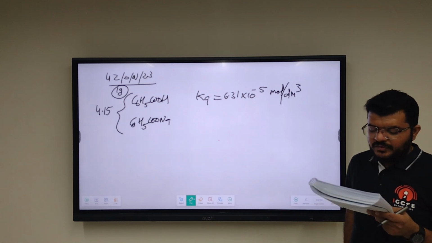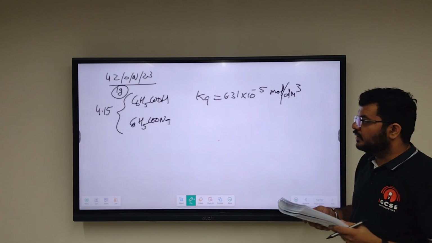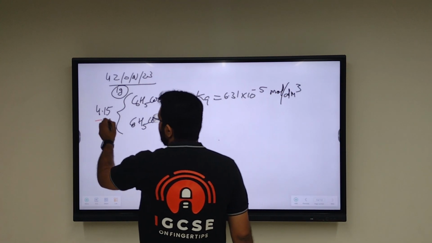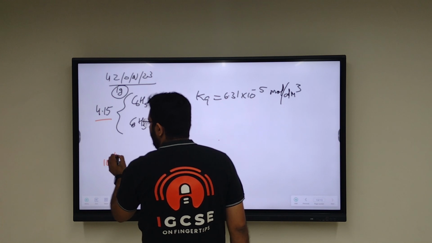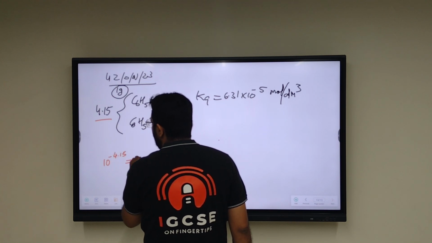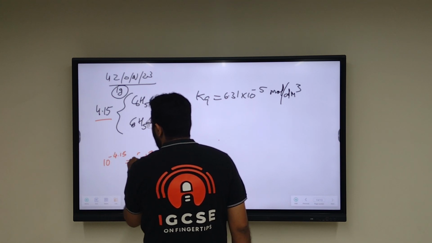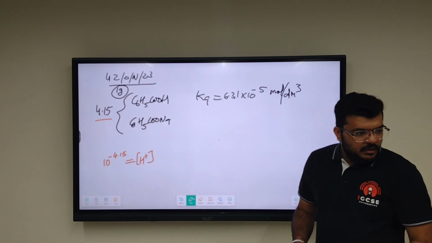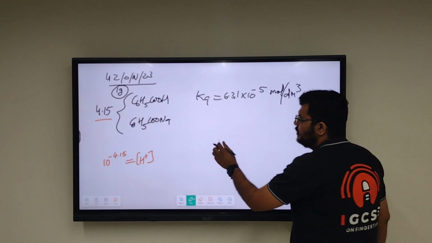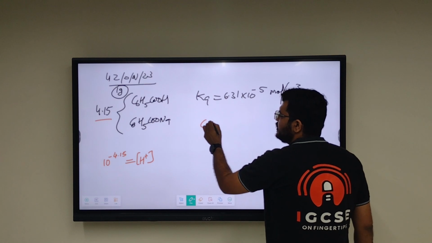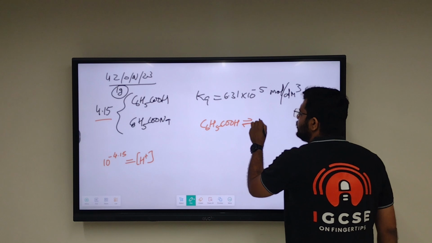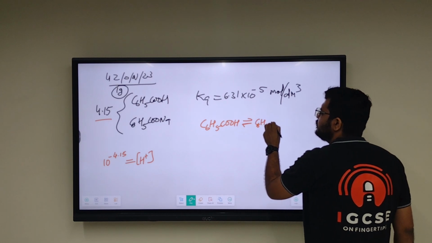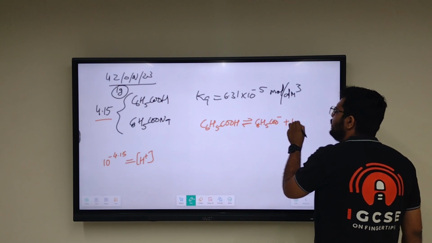Give each answer to a minimum of 3 significant figures. If you have 4.15 as your pH, then 10 to the power minus 4.15 will give you the concentration of H plus. From here you can work it out like this: C6H5COOH dissociates to C6H5COO minus and H plus.